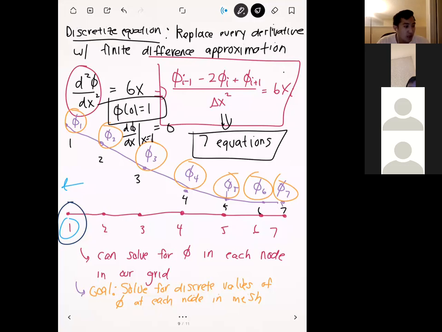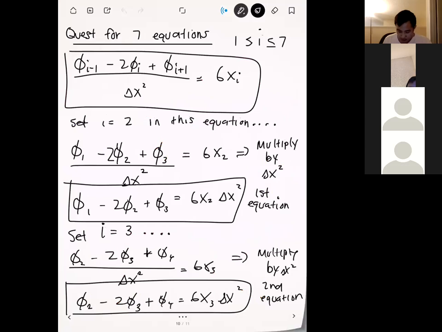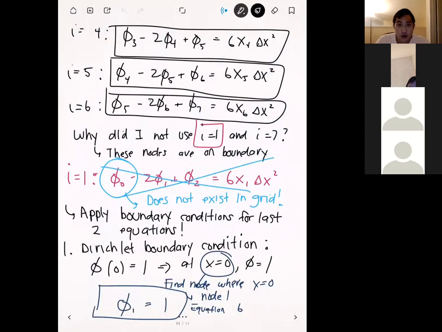Yes, for these problems, you're going to be given the boundary conditions. So all you have to worry about is discretizing it and putting it into an algebraic equation. Yeah, good question. Any other questions on this?